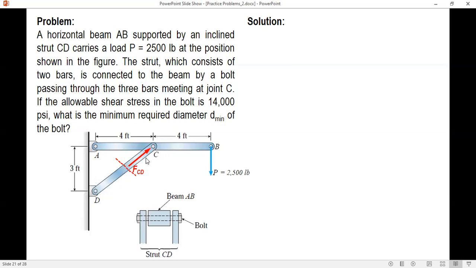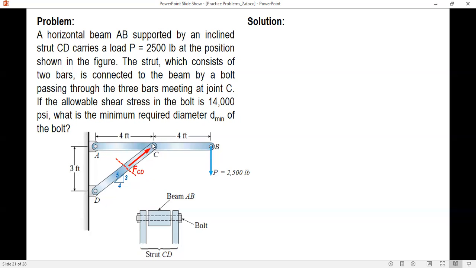So, we can now sum up moment about A so that we can solve for CD. And to have components, since the force is inclined, we are going to resolve the force into components, and we will be needing the slope instead of angle. The slope is 3 vertical, 4 horizontal. And the hypotenuse is 5.